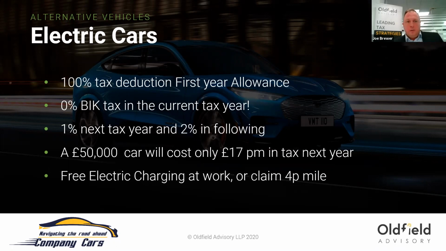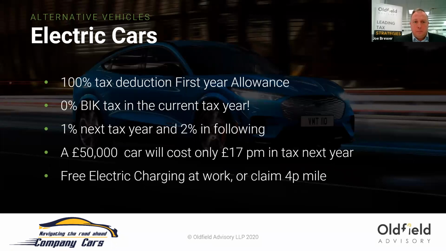And the second point that's more from the employee or director's perspective is there's 0% benefit in kind tax on fully electric cars in the current tax year. That's virtually nothing to pay at all for the company, apart from the cost of actually providing the car.